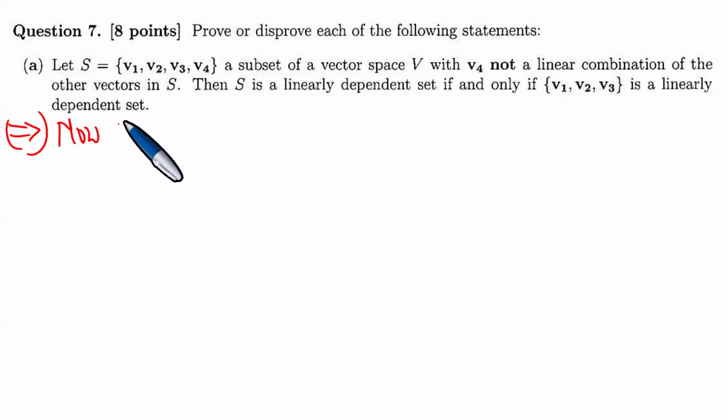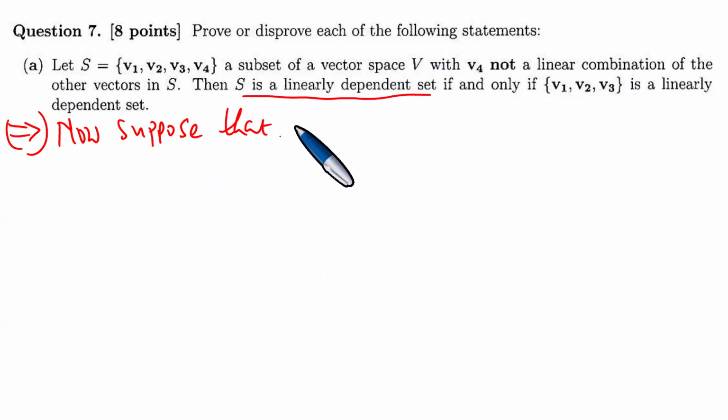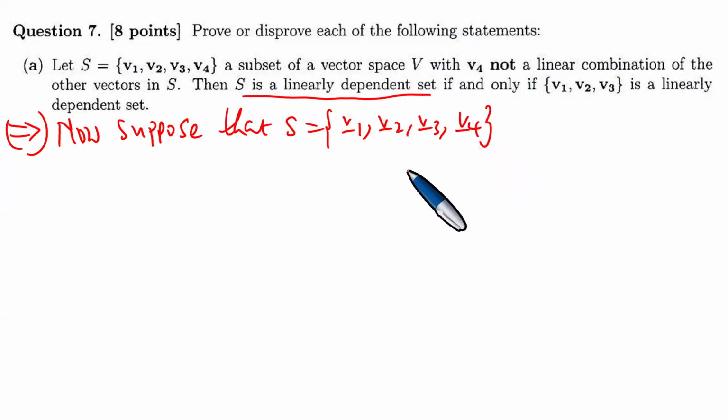Let us prove the forward implication. So now, if you want to prove the forward implication, what do you do? Suppose that S, with the vectors V1, V2, V3, V4, is linearly dependent.